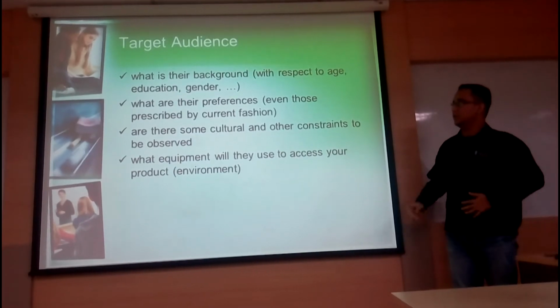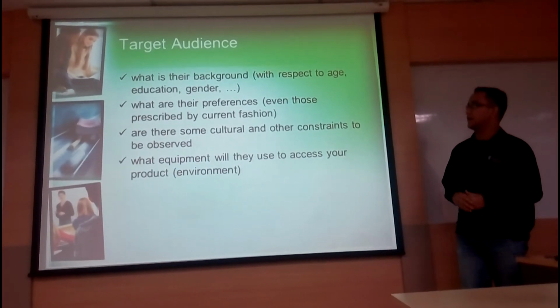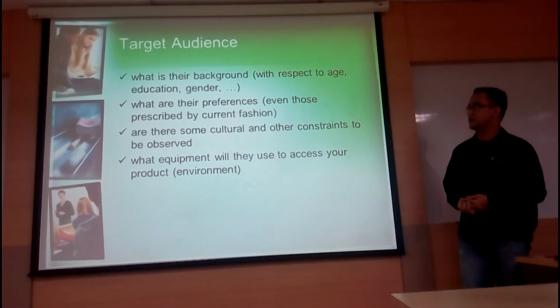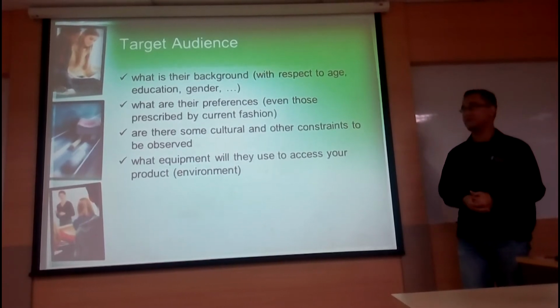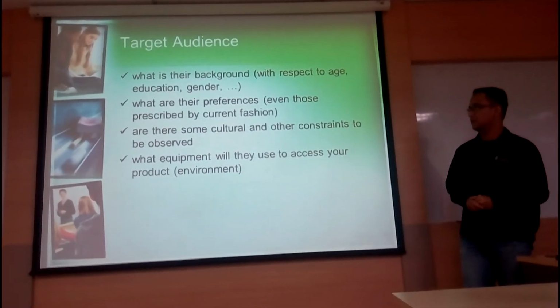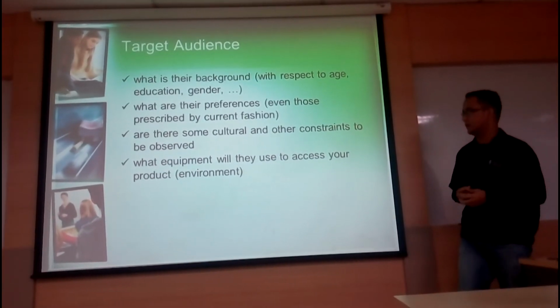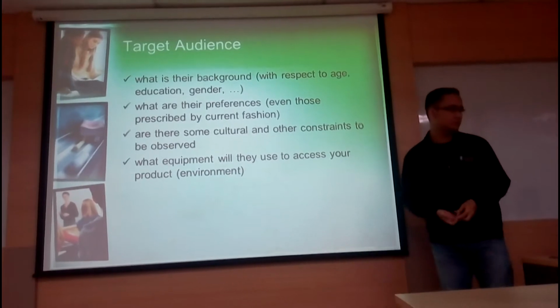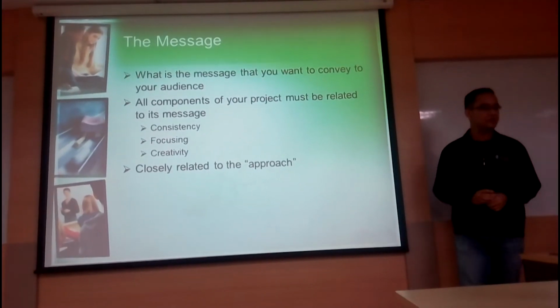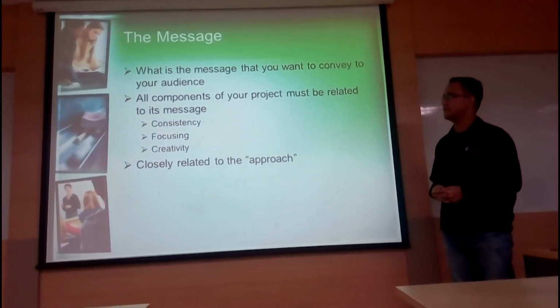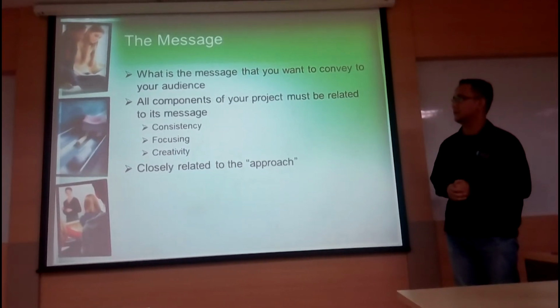First, we need to know their background, for example, their age, education, and gender. What are their preferences? What equipment will they use to access our product? And the last one is the message. What are the messages that we need to deliver in our project?